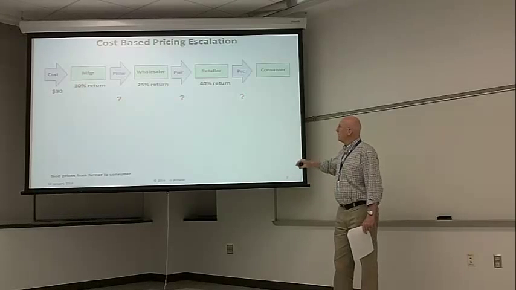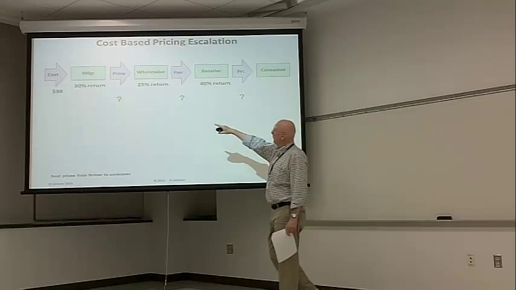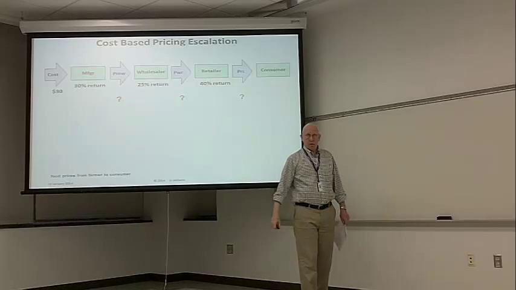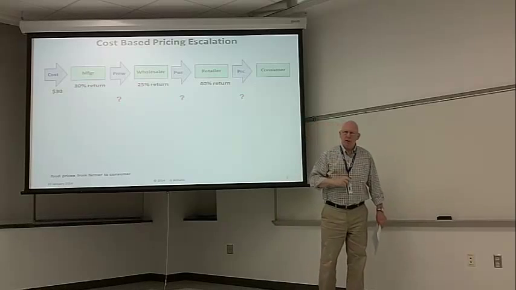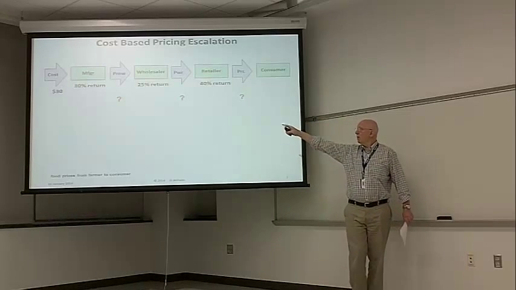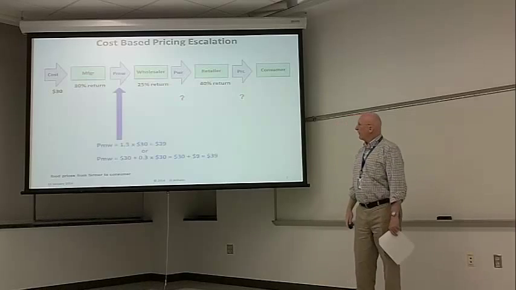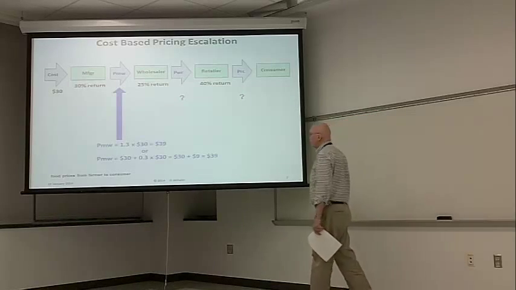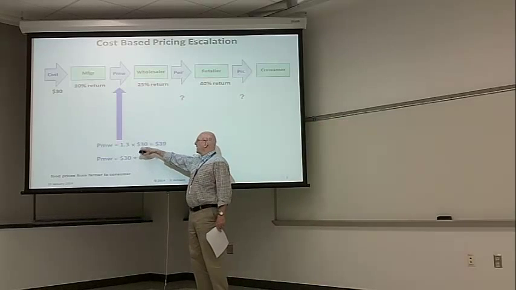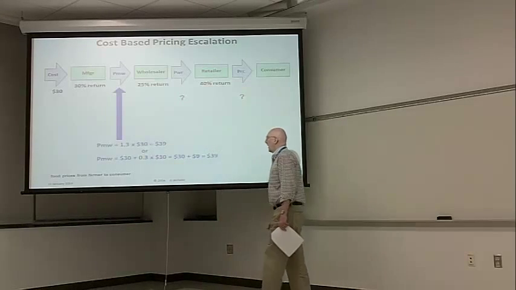From the information we have, we want to calculate the price from the manufacturer to the wholesaler, from the wholesaler to the retailer, and finally from the retailer to the consumer. We start on the left-hand side, not that hard. Price from the manufacturer to the wholesaler is 1.3 times $30, or $39.